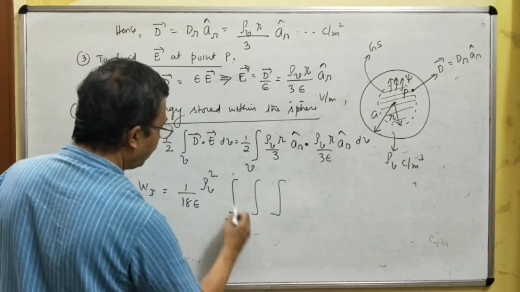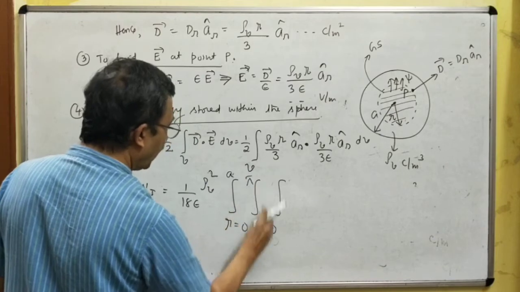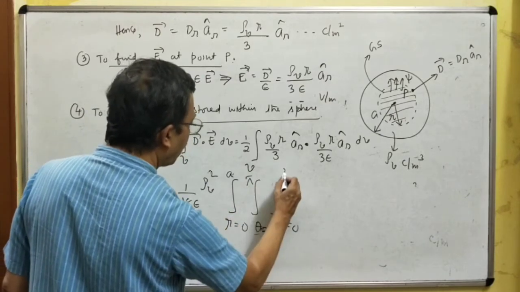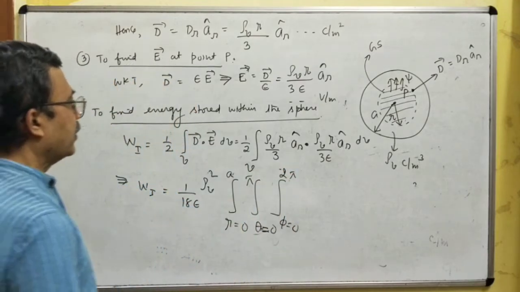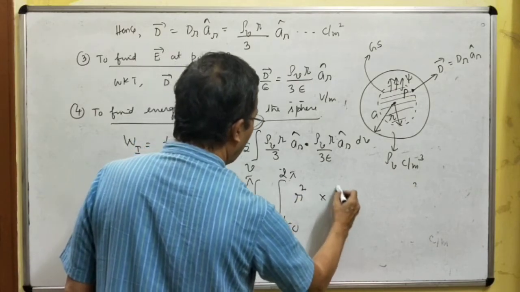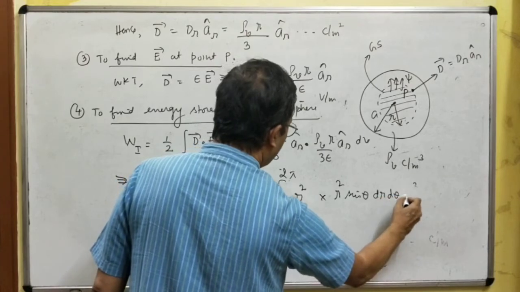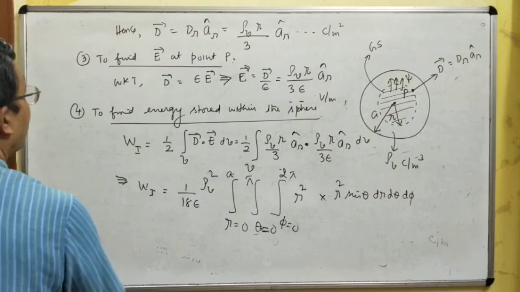R varies from 0 to a, theta varies from 0 to pi, phi varies from 0 to 2 pi. R into R is R square. What is dV? dV is R square sine theta dr d theta d phi. Now we have to perform the integration.